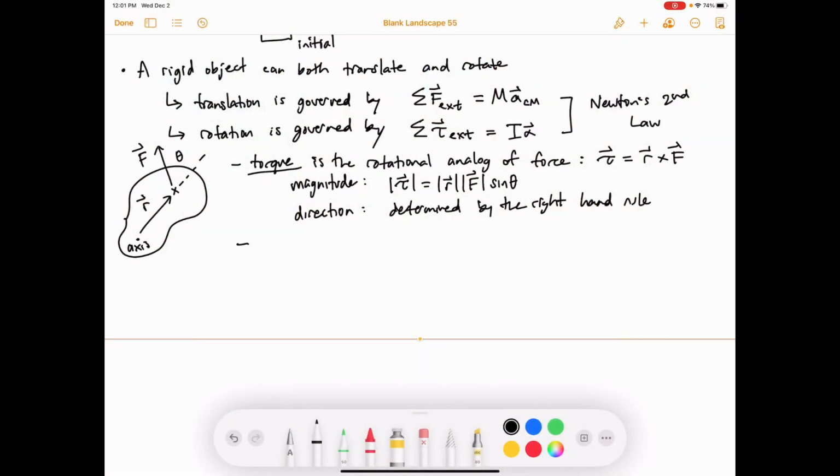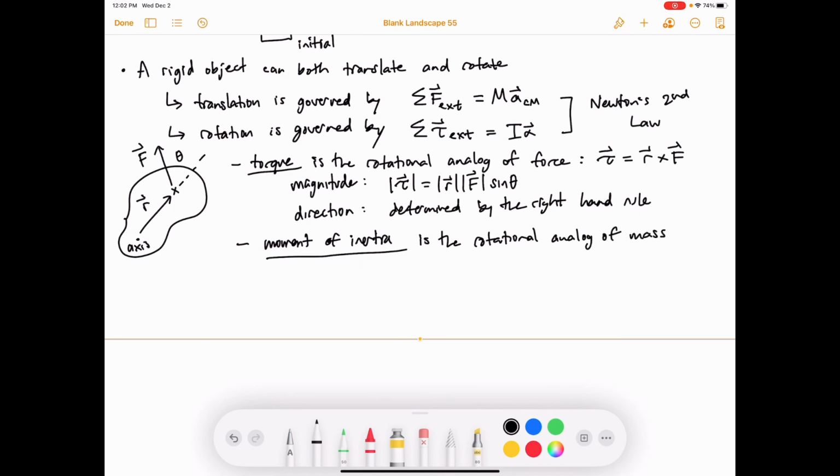Now, another term in this equation we have is I, the moment of inertia. So let's remember what this is all about. Moment of inertia is the rotational analog of mass.